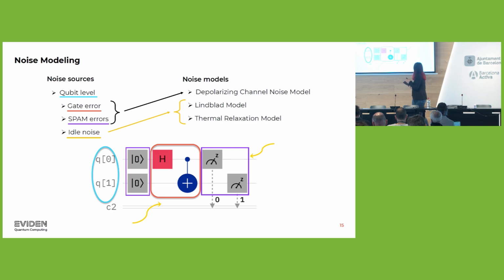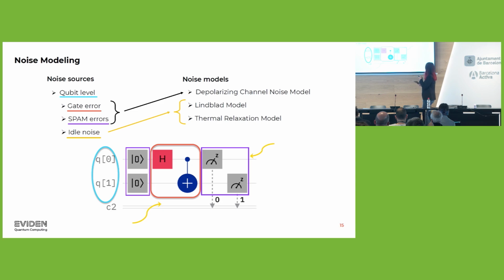These noise sources can be grouped into various noise models. In our case, we have 3: the depolarizing channel noise model that involves gate error and SPAM error, and the Lindblad model and thermal relaxation model that focus on idle noise.